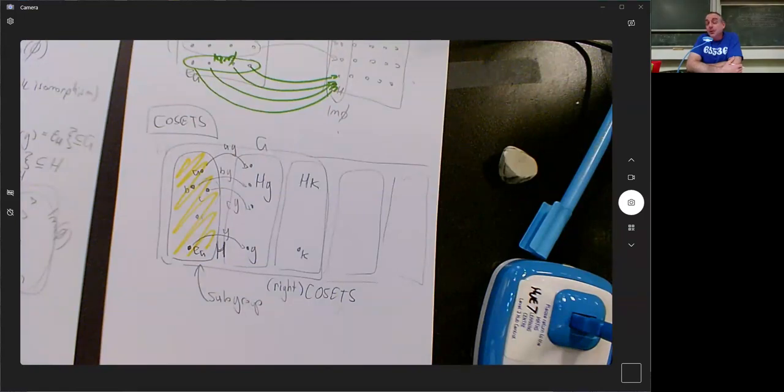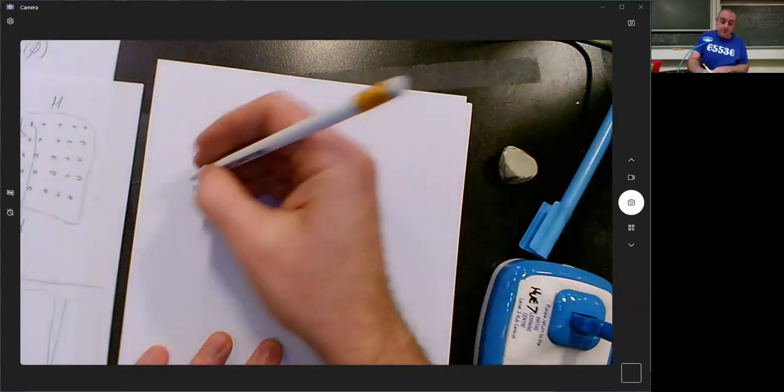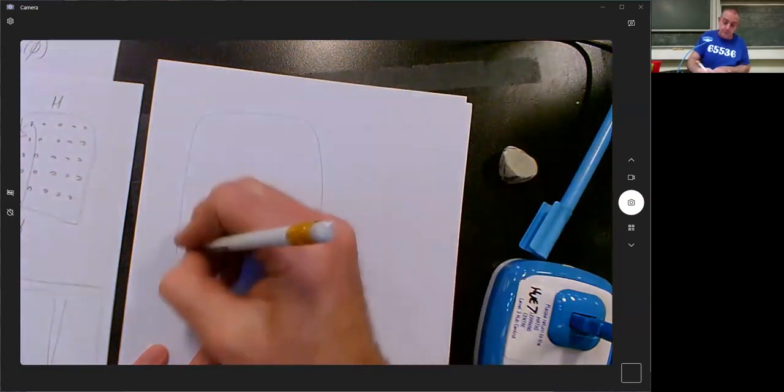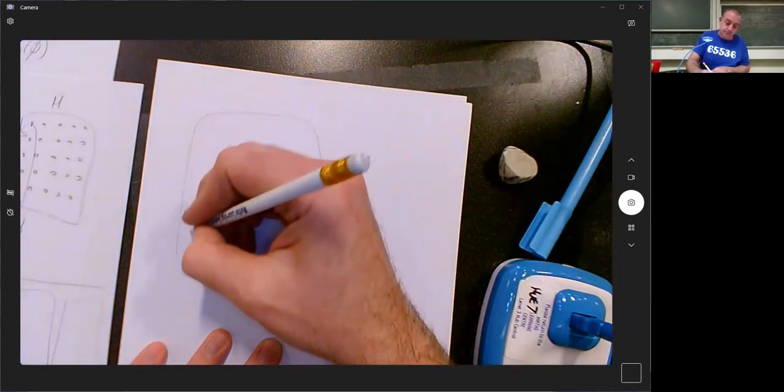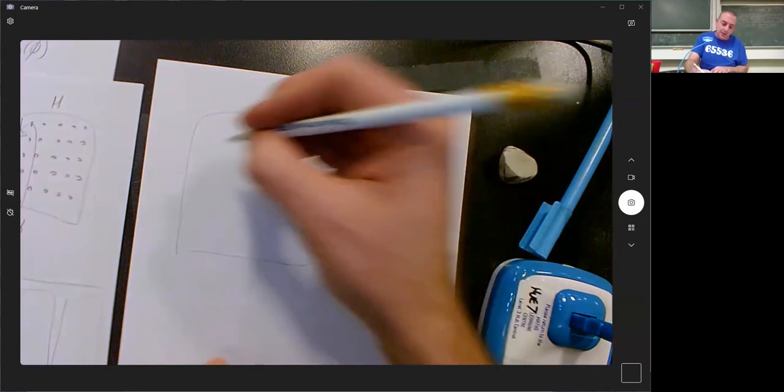But it is possible for the way that your group works to multiply on the other side and get whole different sets. Well, I'm going to do this.